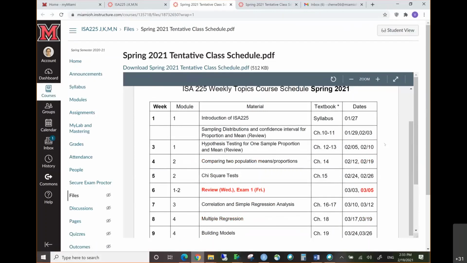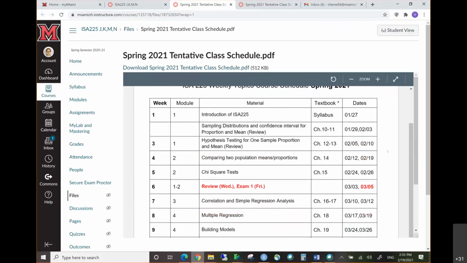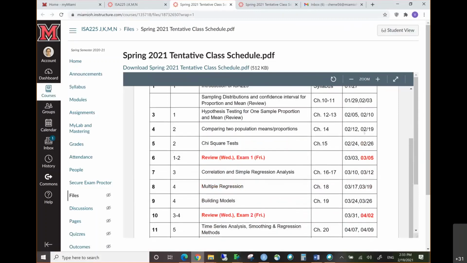So you have the detailed course schedule, right? So you just check this schedule and then you will find, okay, so that means after today, we have one more week to go through the chi-square tests, right? And then after next week, we have our exam week, right? So the first day, which is on Wednesday, we will have a review class, and then next class we will have the exam one, which is on next Friday.